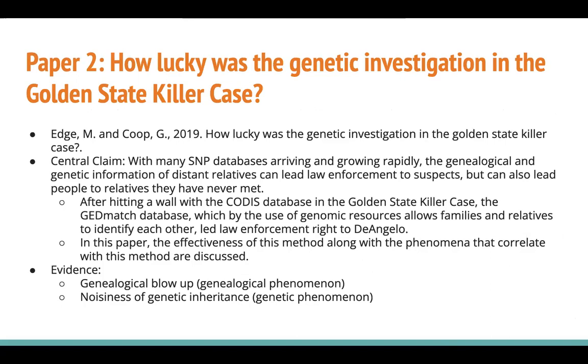The paper claimed that with the arrival and rapid growth of the use of SNP databases, genealogical and genetic information can lead law enforcement to suspects, but at the same time can lead people to very distant relatives they have never met. In this case, investigators had hit a wall with CODIS, which is the database used in law enforcement investigations a lot of the time.